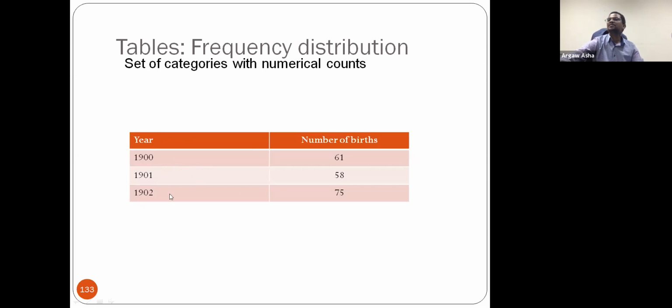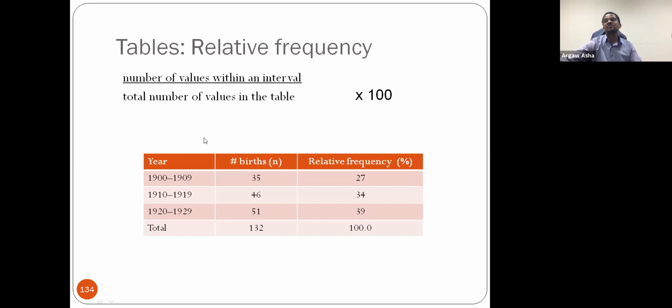You have here number of birds, right? So this is not correct, we should give the title. You have to write, let us say, Table 1, year versus number of birds.